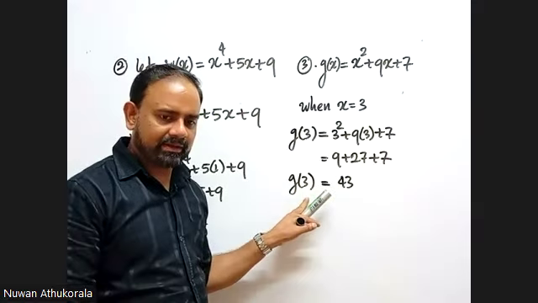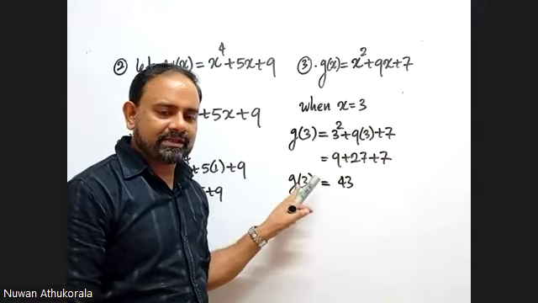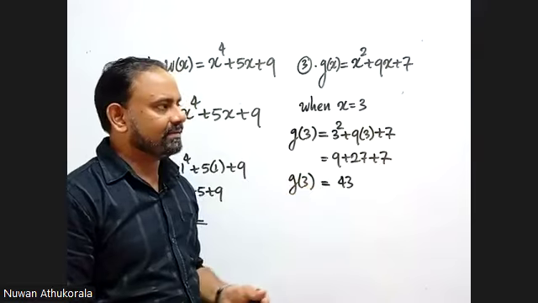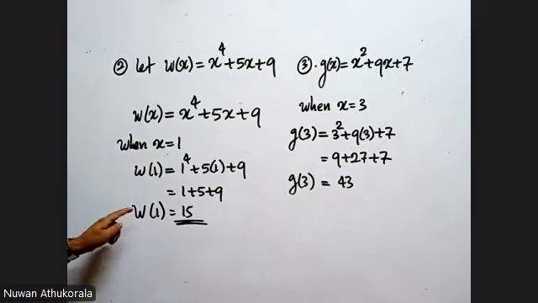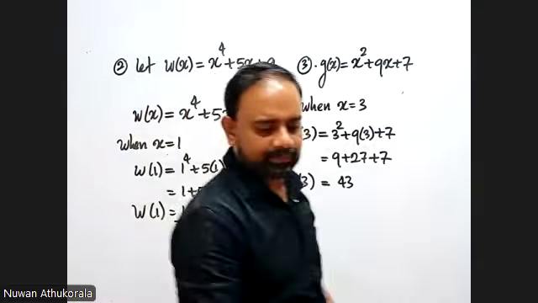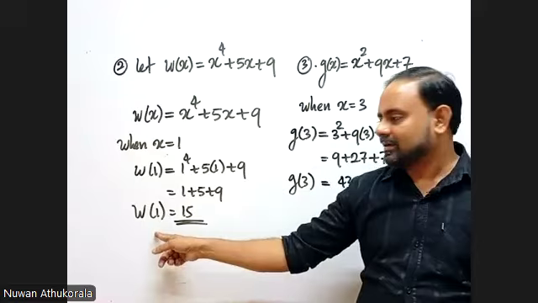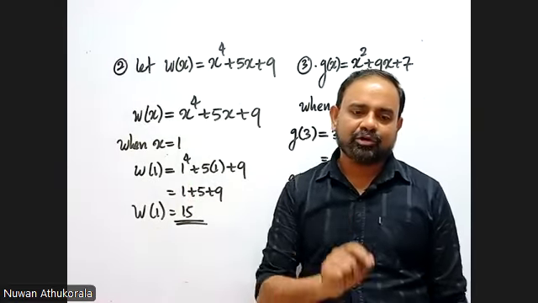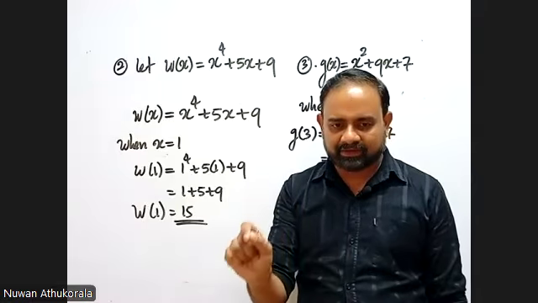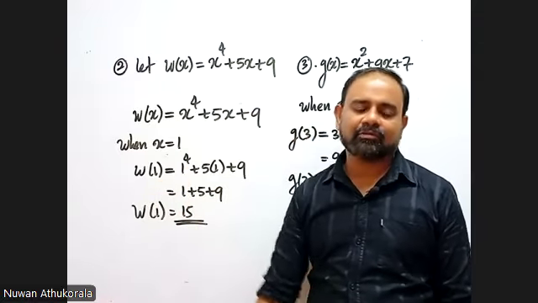Actually, g3 is the value of function gx at x equal 3. Check previous example: w1 is the value of function wx at x equals 1, right?